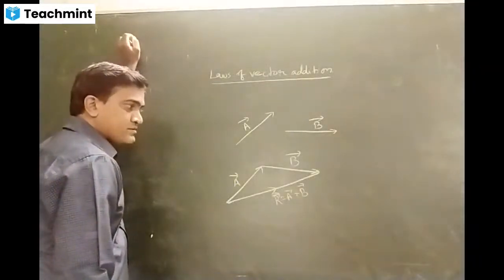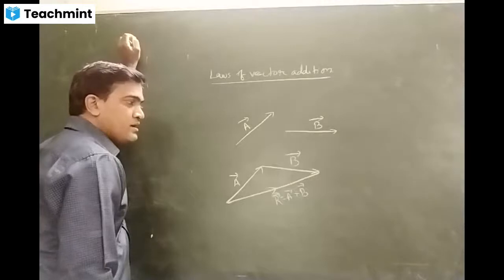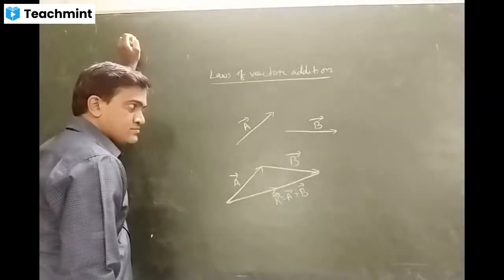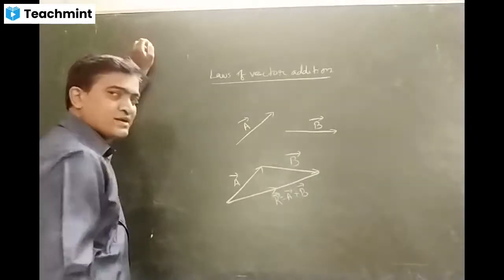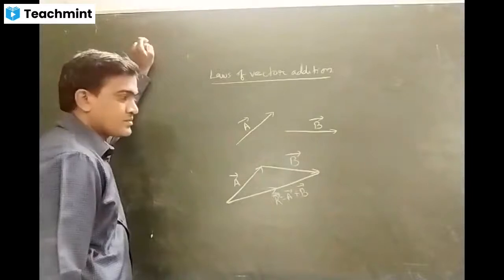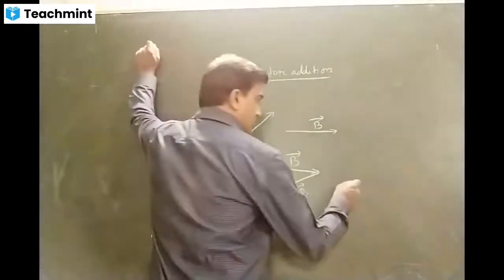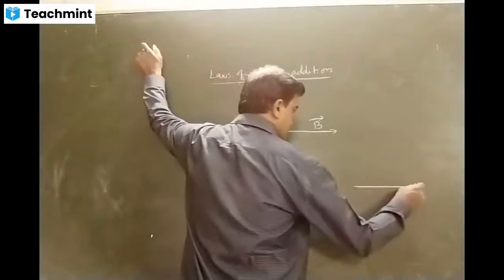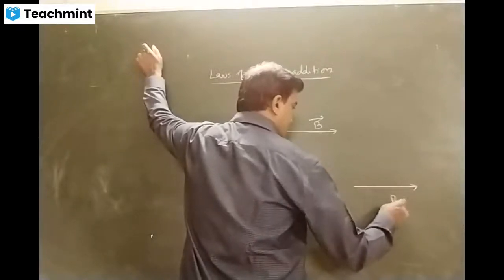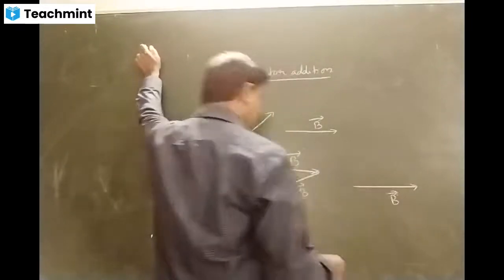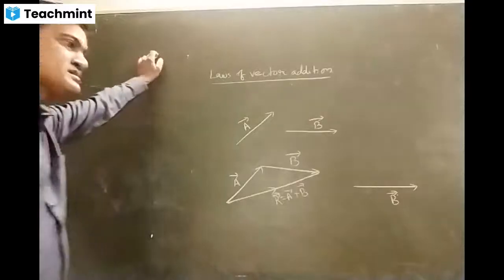Now let me take B bar as the first vector and A bar as the second vector.